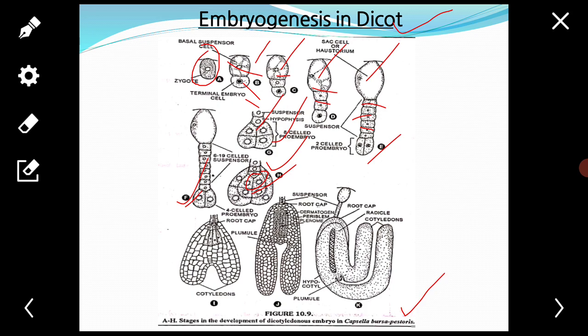What are the 3 tiers? The cells of the inner tier, which are towards the embryo, form the cortical initials of the radicle, meaning the embryonic root. The cells of the middle and outer tier form the initials of root protoderm and root cap.